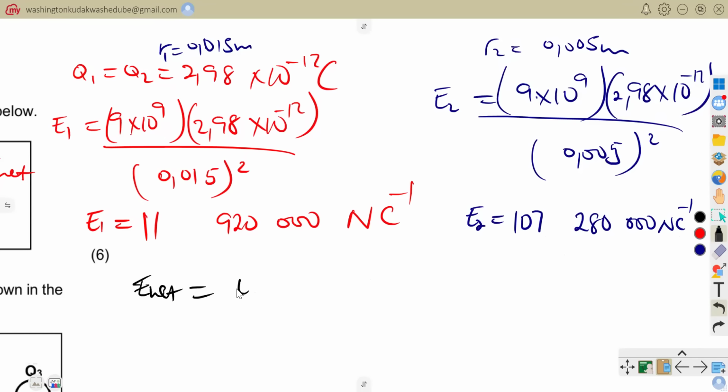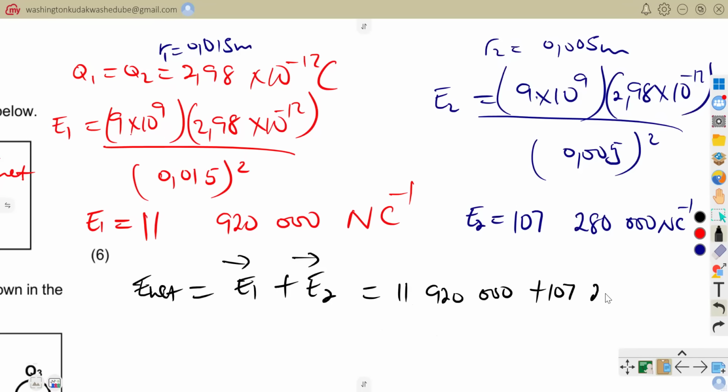Now I'm saying that the net electric field will be equal to E1 plus E2. Why? Because they are in the same direction. That's why I will say they are both positive. So I'll just add them. So I'm going to have 11,920,000. And then I would add 107,280,000.